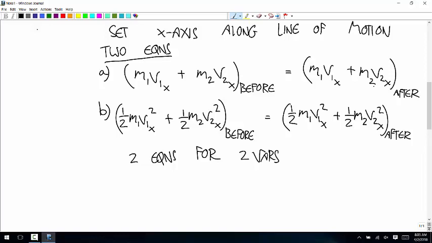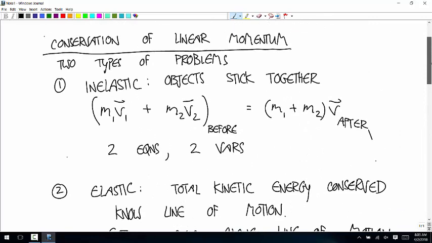The two variables are different in these two cases. For the inelastic collisions, if they stick together, the two variables are Vx and Vy. There's only one velocity that we're worried about after the collision, and we can calculate both of those two components.